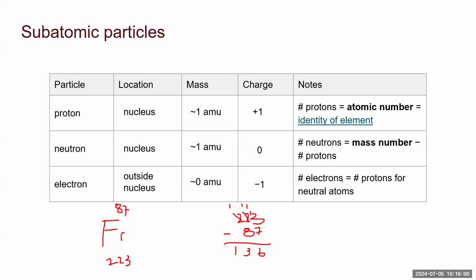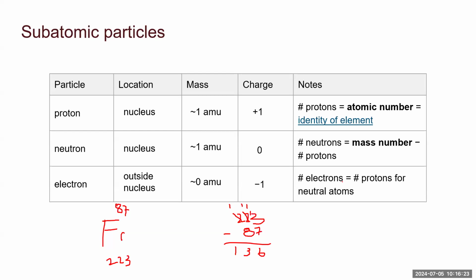In addition to that, our number of electrons, if a term like the elemental form or an atom of is used, then you have an equal number of protons and electrons. So that term there, neutral atoms. Well, what does neutral mean when you're talking about positive or negative?